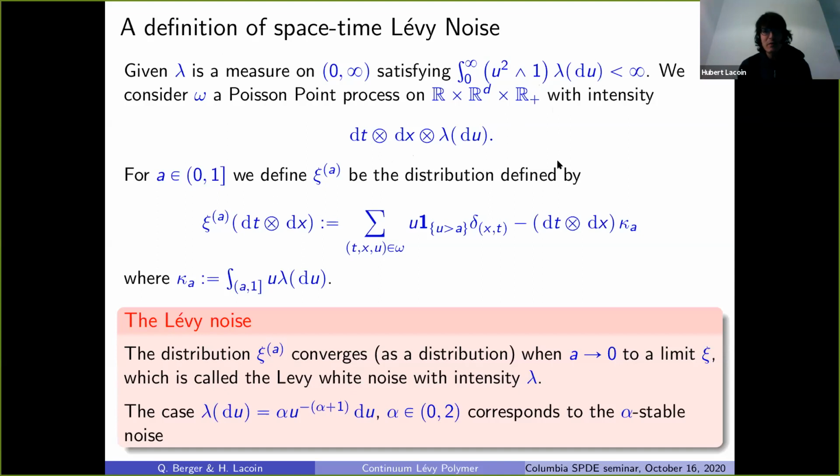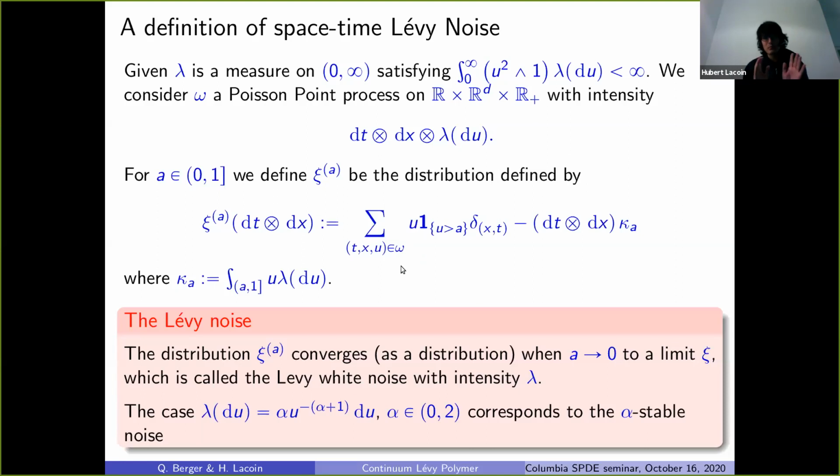Then my Levy noise with intensity lambda is what I obtain if I sum, for every point of the process, a Dirac mass at x, t with an intensity given by the third coordinate of the point. The problem is that I might end up with a measure which is everywhere locally infinite, so I will have to compensate for the drift.